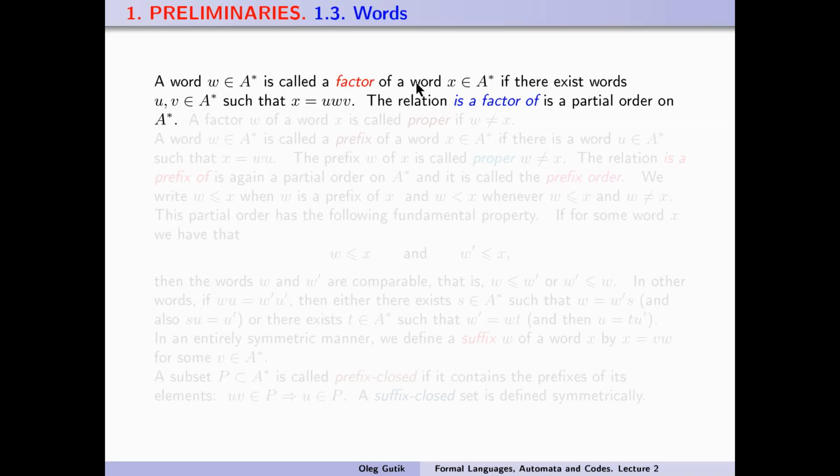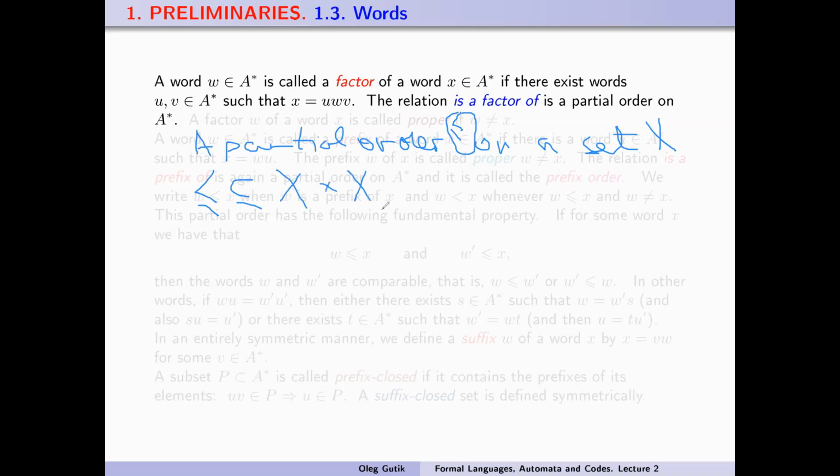What is a partial order? A partial order on a set X, which we shall denote by less or equal, is a relation on set X which has the following three properties.